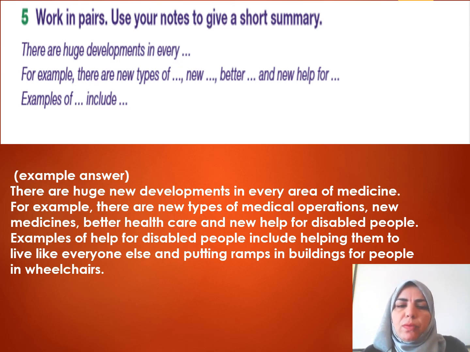Examples of help for disabled people include helping them to live like everyone else and putting ramps in buildings for people in wheelchairs. Okay? You can use this example. You can write an example you want from your own idea.